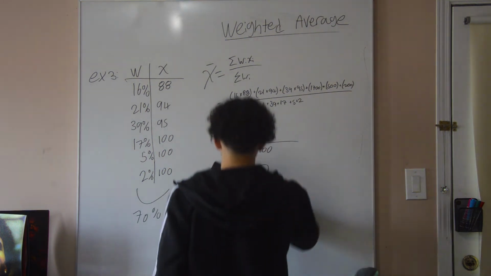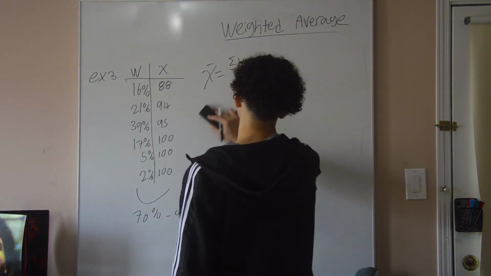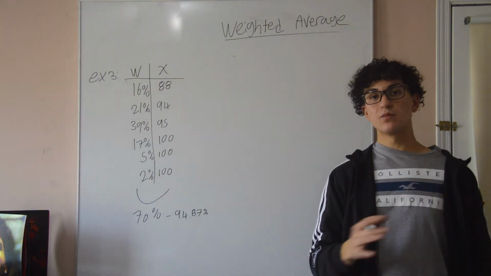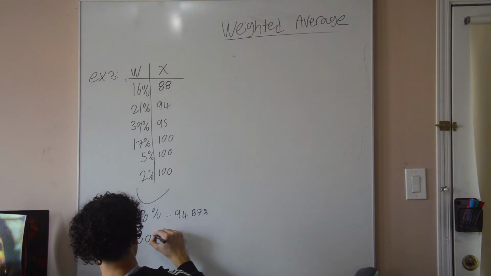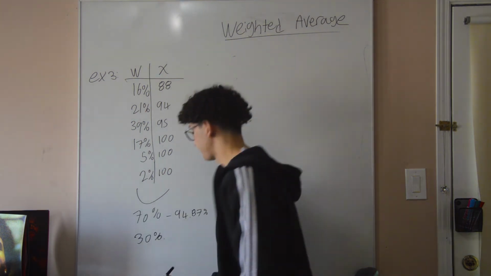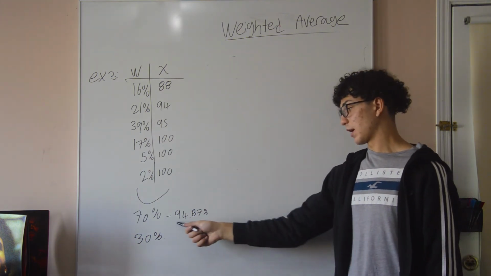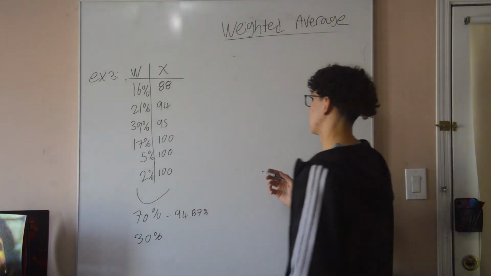So the second part to this question asks, let's say we have an exam worth 30%. What do we need to get on our exam to get this mark up to 100? So again, simple.